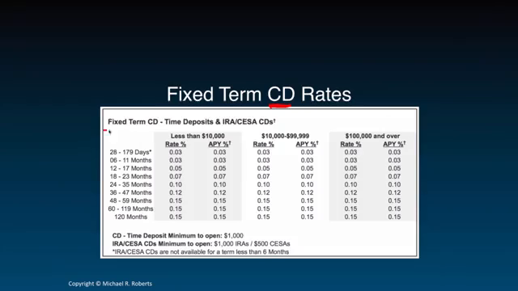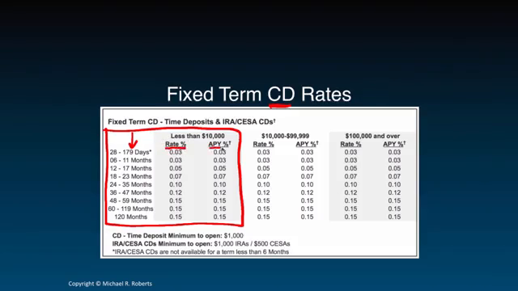There's a lot of numbers here, so let me focus your attention here. Here we have the term of the investment, and here we have the APR and the EAR. You can see that as the term increases or changes, so too does the interest rate.